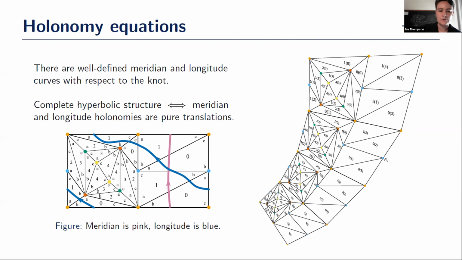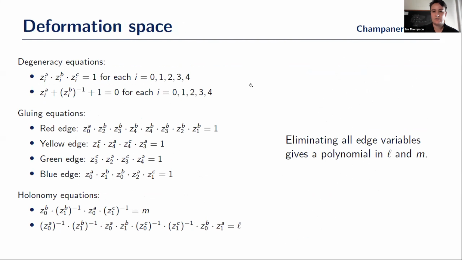But the nice thing we can do here is, instead of demanding that these things equal 1, we can ask that they equal variables M and L, corresponding to the meridian and longitude, and that gives us the flexibility to encode the deformations. So this is the crux of describing deformations as standard.